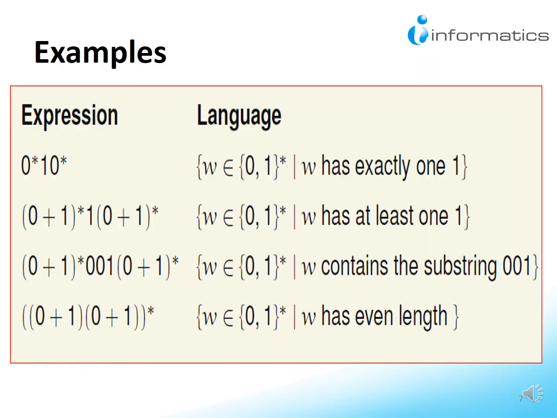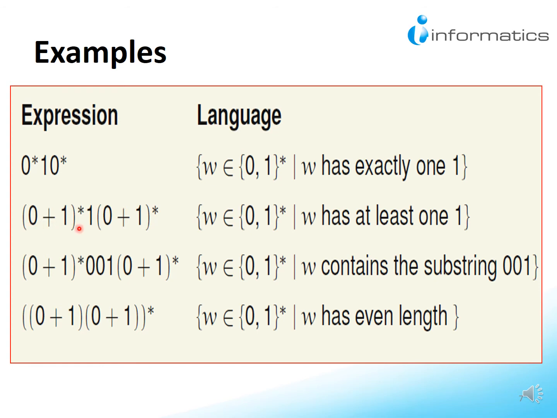For example, this one represents any number of 0s followed by 1 followed by any number of 0s. That means the language containing strings with only one 1.